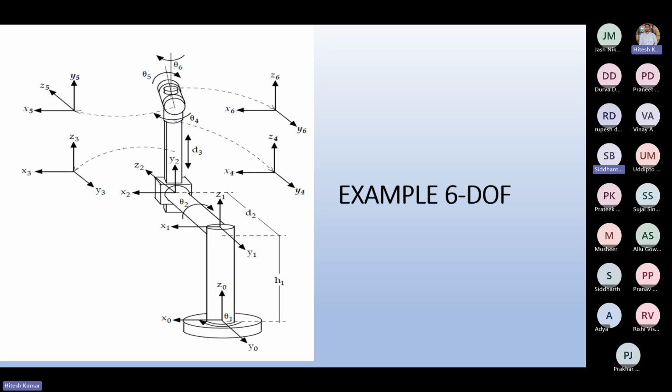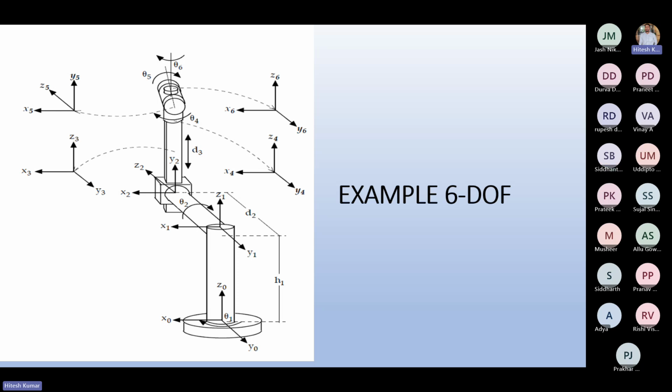I don't understand, theta 4 and theta 6 both seem the same. See, theta 4 is rotating in, let's say, the xy plane, theta 5 is rotating in the xz plane, and theta 6 is again rotating in... these are all different joints.